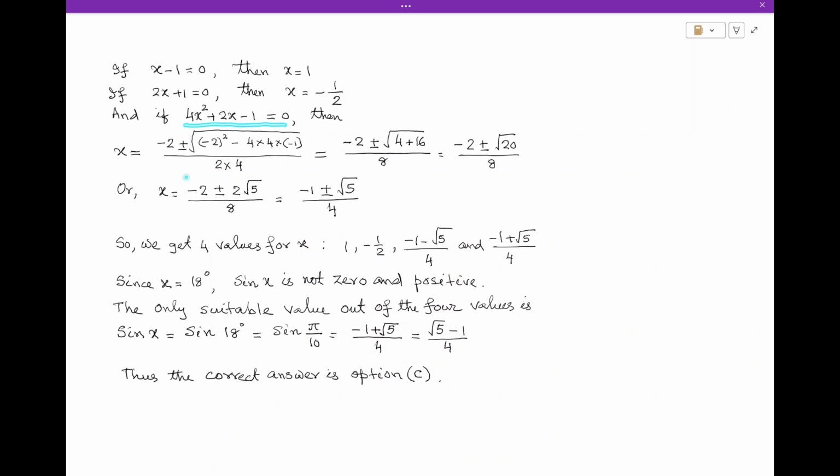And those two values will be, by using the general formula for the solutions to a quadratic equation, that is, if ax squared plus bx plus c is equal to 0, then x is equal to minus b plus or minus square root of b squared minus 4ac by 2 multiplied by a.